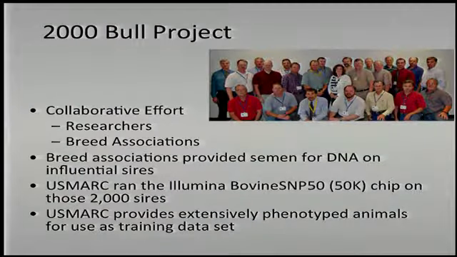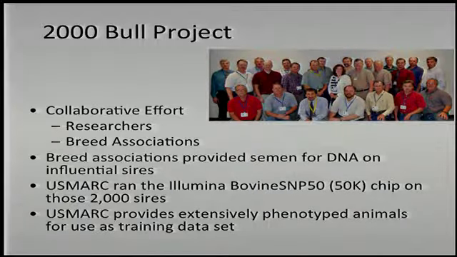Okay. I'm going to diverge and talk a little bit about the project that led us to look into this, the 2000 Bull Project, and you'll be hearing results from this later today. This just gives you an introduction to something that you may or may not have heard about already.